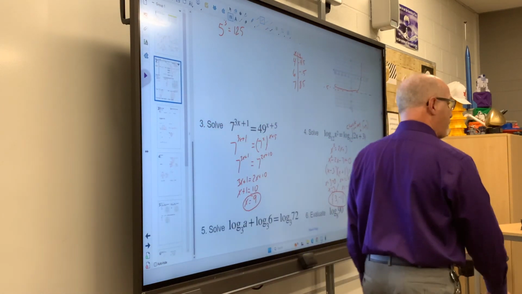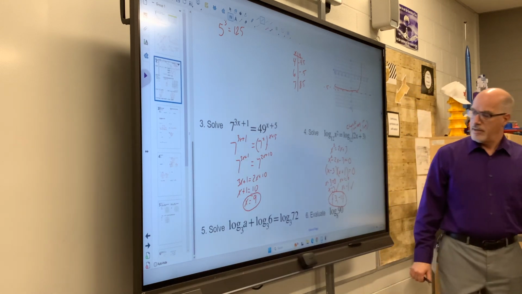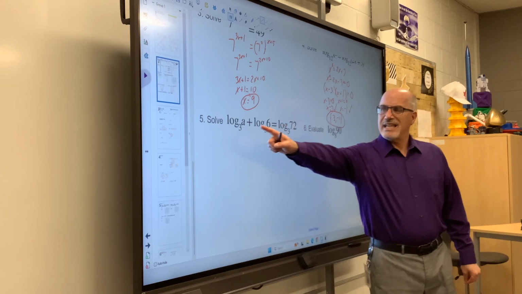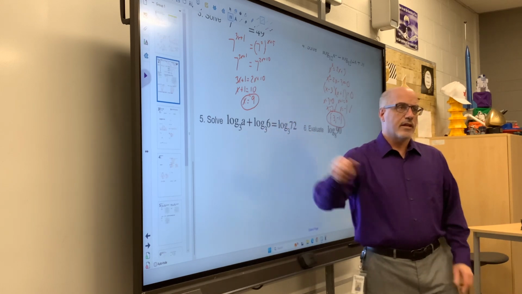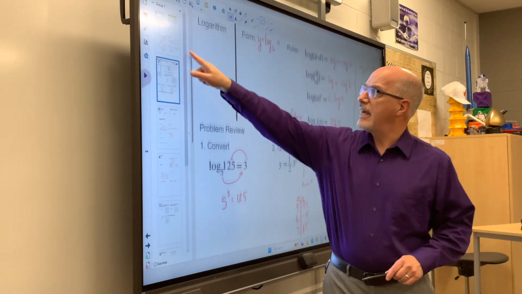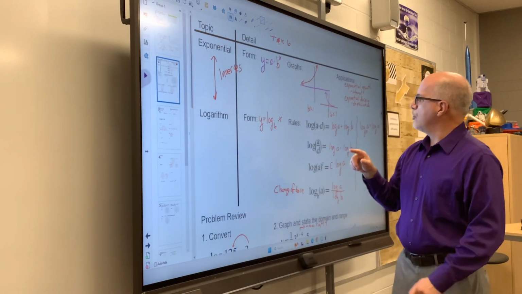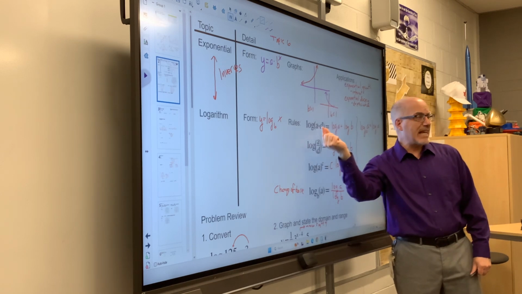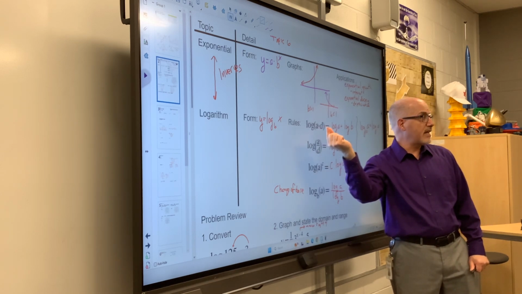All right, so last two problems. We're almost there. So this first one here, because it's base 3, remember this rule up here? This rule up here said, if you've got two things being added, I can bring them together and multiply them on the inside.